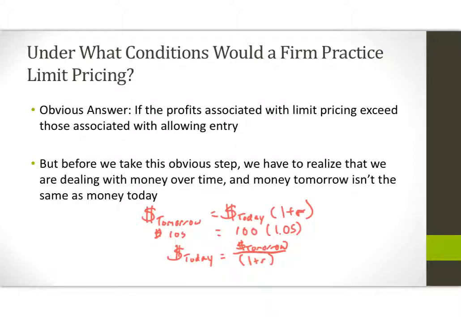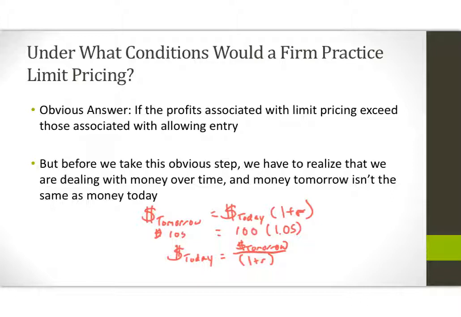And as it compounds, that changes a little bit in terms of what it looks like, and I'll show you that on the next slide. But when the firm's deciding whether to limit price, they're thinking, do I want to sacrifice money today plus money every period going forward, because you have to keep limit pricing?